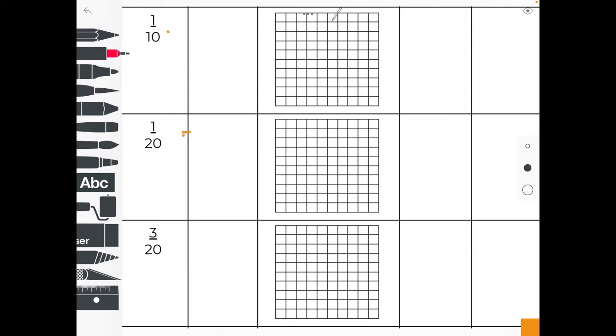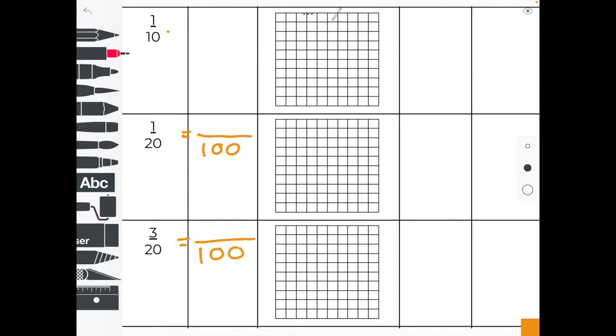1 over 20, however, is going to need to be changed into something out of 100, because decimals are in the tenths place, the hundredths place, the thousandths place, so we need fractions that have those same numbers as their denominators. So this 20th is going to turn into hundredths too.